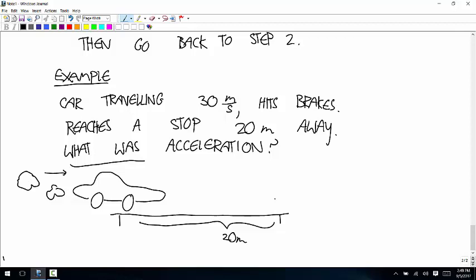Okay, so first we have to think about the instance where we know stuff and we want to find stuff. The earlier one of those is going to be our time equals 0, and the later one of those is going to be our time final. So what's the earliest instant where we know stuff?